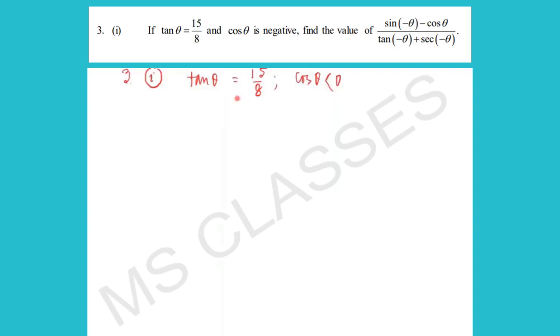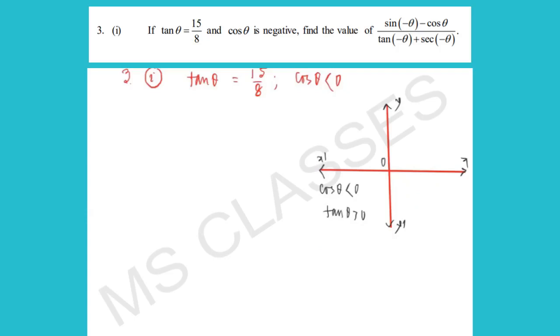So this is which quadrant? Tan positive, cos negative, that can be only in the third quadrant. This will be the third quadrant. Why? Because it is the only quadrant where cos is less than 0 and tan is greater than 0.